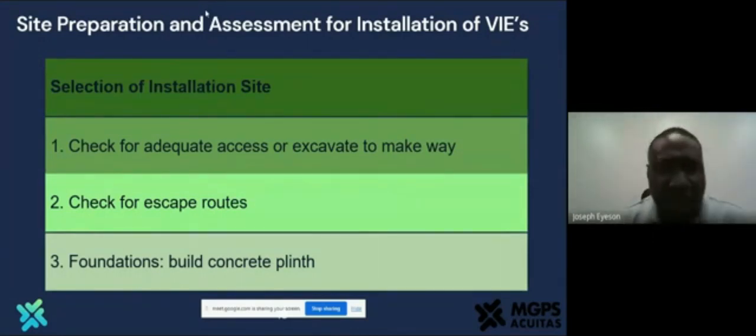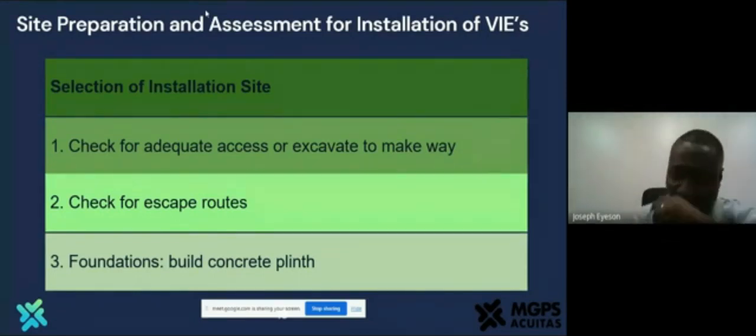You need to check for adequate access, or excavate to make way. If there is no access, you need to excavate the entire area. You need to check if there is an escape route for the entire area.